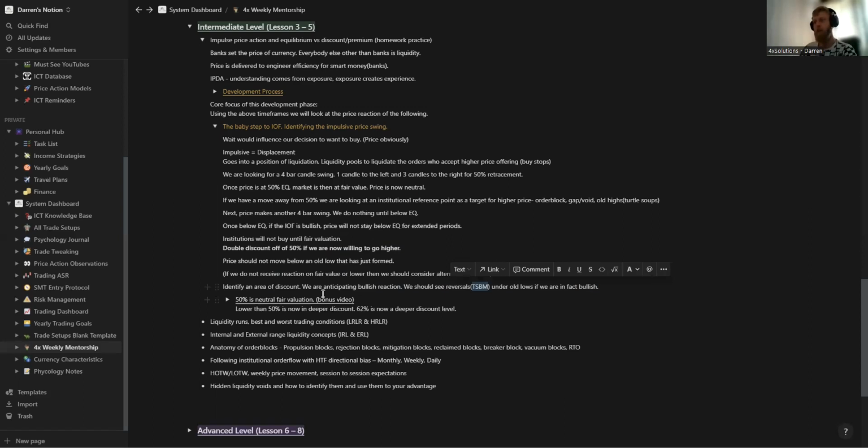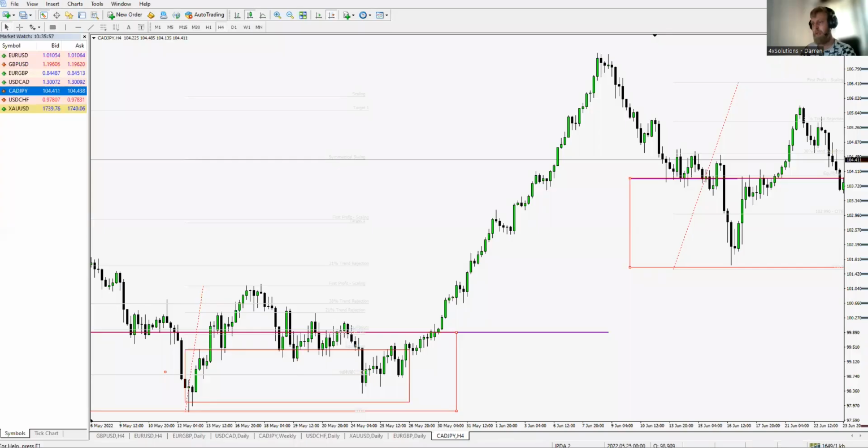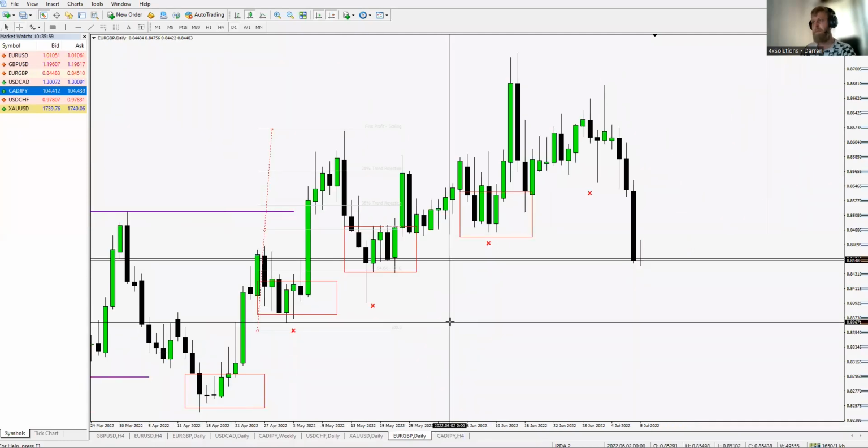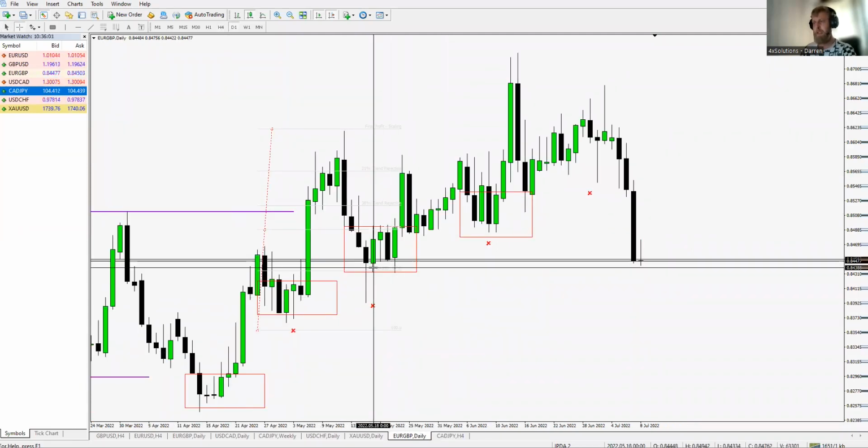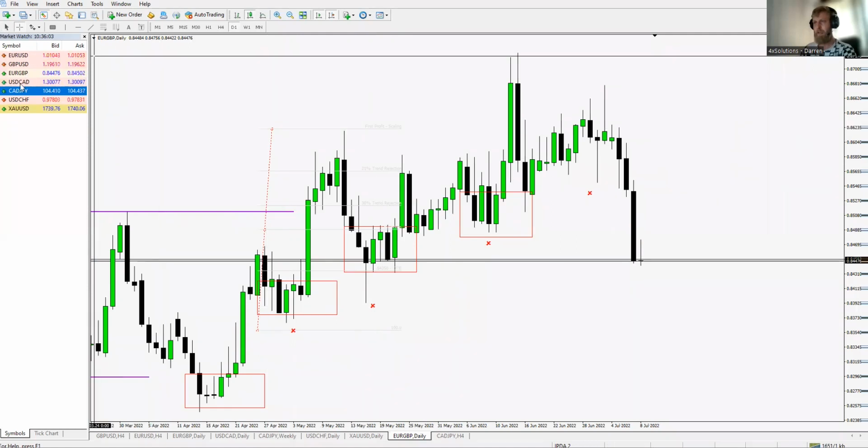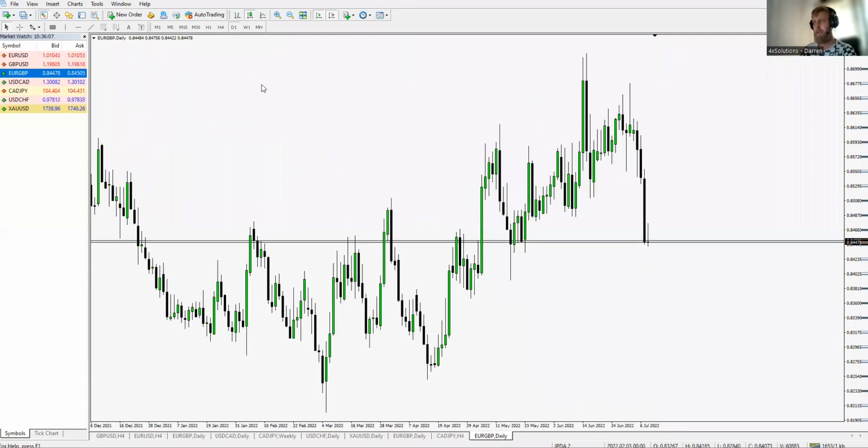So what we are essentially saying is that if we are in a discount, we would like to see reversals underneath lows, because that is a turtle soup buy model. So going back to the chart of Euro GBP, anytime price is making a low over here, let's get a clean chart of this. This is Euro GBP on the daily.